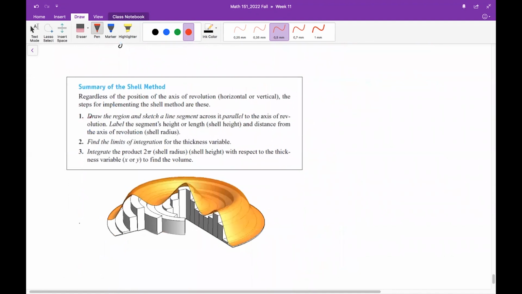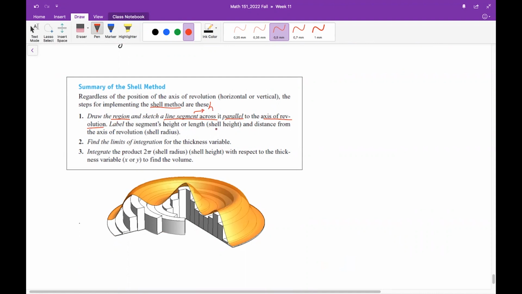So how do you apply the cylindrical shells method? You draw your region, of course, and then draw a line segment passing through your region parallel to the axis of revolution that I emphasized above. This line segment will give you the height of your cylindrical shells.